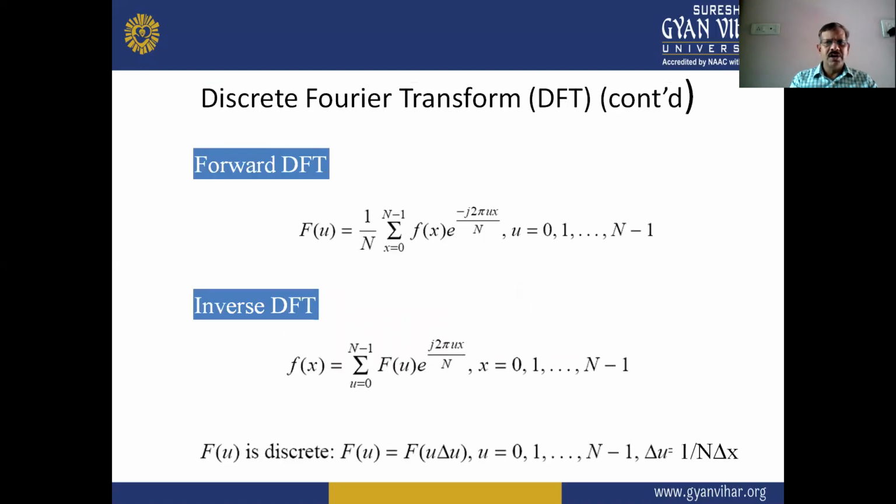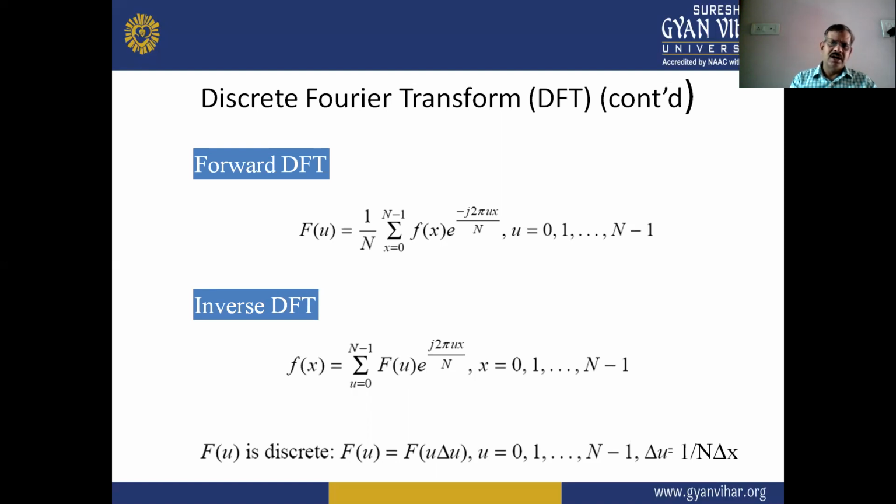The forward DFT is F(u) equals 1 upon n, summation of x equals 0 to n minus 1 of f(x) into e to the power minus j 2 pi ux upon n, where u equals 0, 1, 2, 3, up to n minus 1.